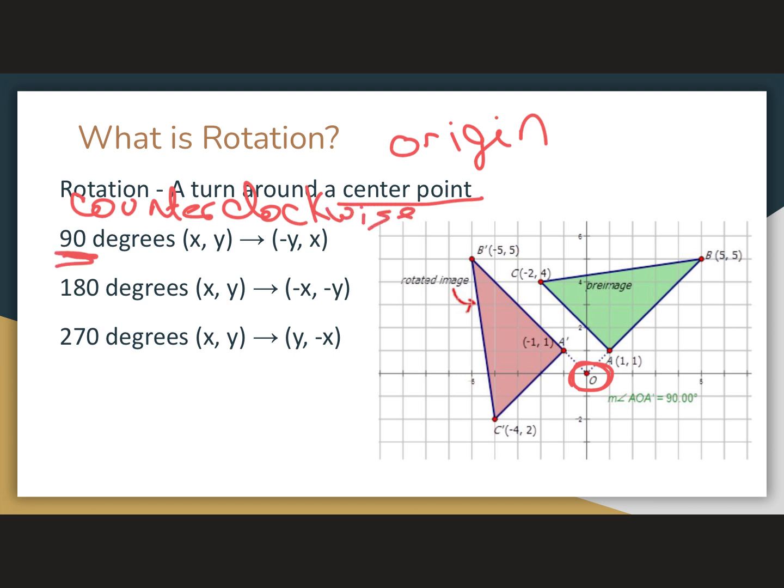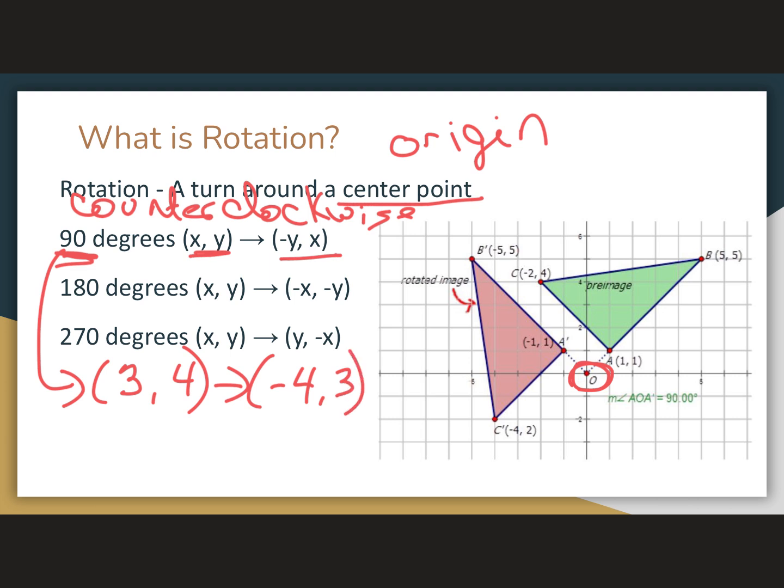So if it's a 90 degree, then our (x, y) becomes (-y, x). So think about it this way. If I had the point (3, 4), it's going to change to (-4, 3). My y went here and changed signs. My x went to y and did that.